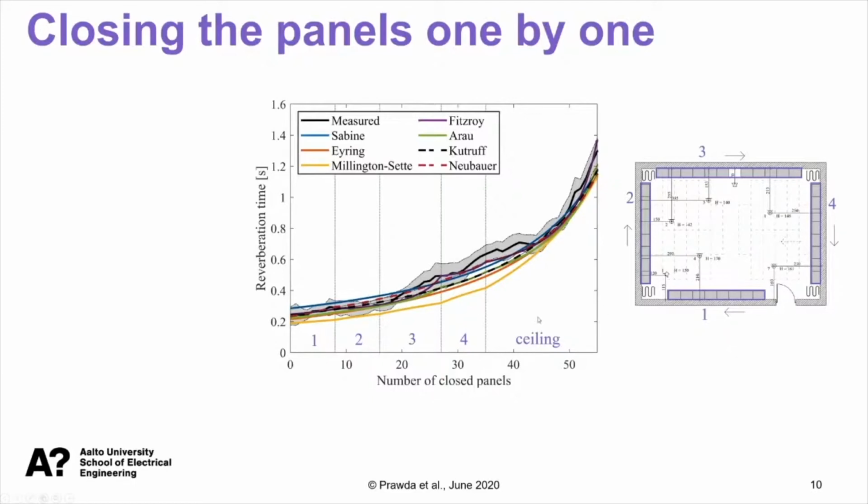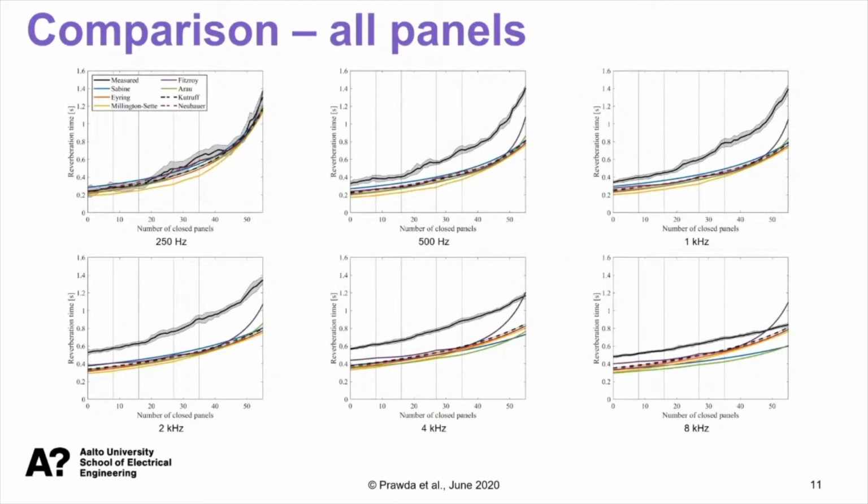And also on the x-axis, you can see that the number of closed panels increases, which means that the absorption decreases in that direction. So here you can see the results for all the 6 frequency octave bands from 250 Hz to 8 kHz. And as you can see, except for the 250 Hz band, in all other bands, the models underestimate the T60 values in the room.